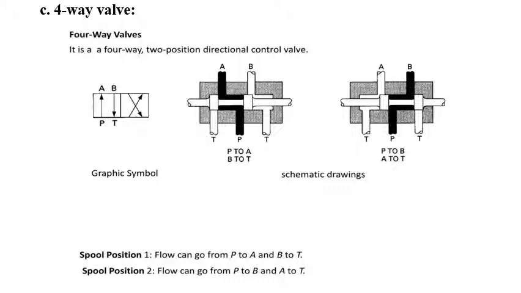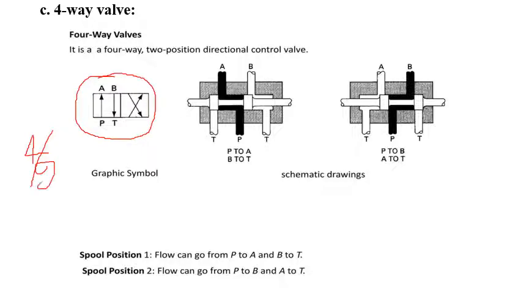We'll move on to four-way valves. Four-way valves means it consists of 4 ports, port P, port A, port B and port T. Pump port, actuator port A, actuator port B and tank port T. So 4-way valves. And this graphical representation tells 4/2 valve.